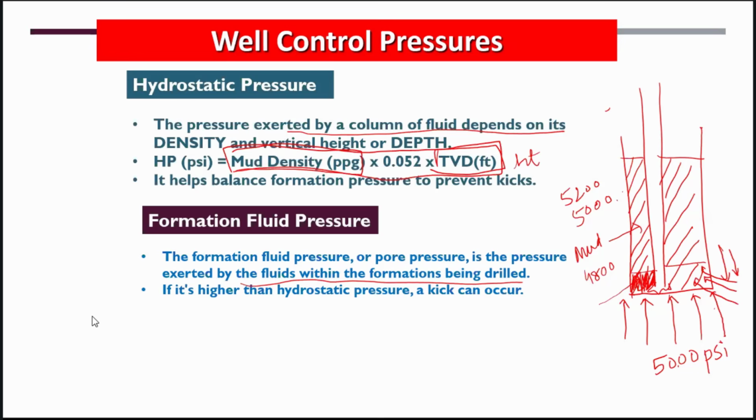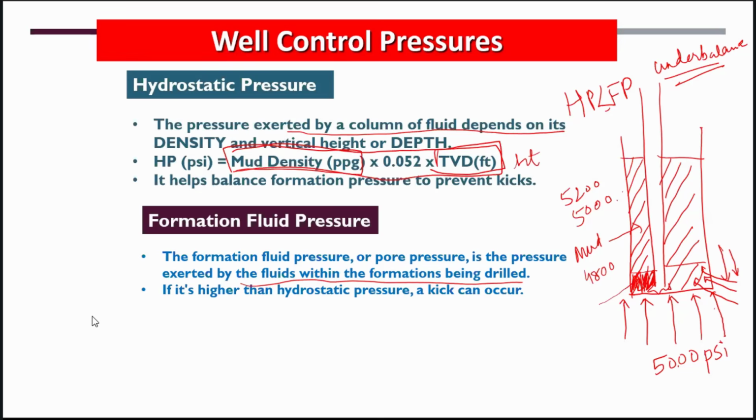So we say this is an underbalance situation. Our well went underbalance. Underbalance means our hydrostatic pressure is less than our formation pressure. So if our hydrostatic pressure is higher, a kick will not take place. But if our hydrostatic pressure is less than formation pressure, then a kick can occur.